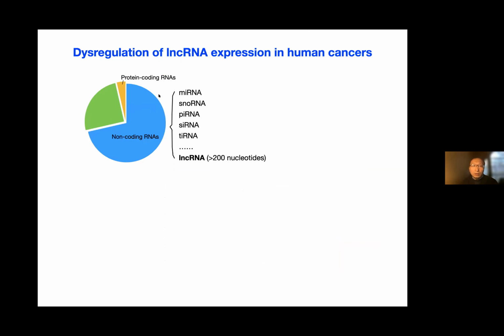We also know that about three quarters of the genome is transcribed to RNA, and the majority of the transcribed RNA belongs to the non-coding RNAs, which are a class of transcribed RNA with more than 200 nucleotides. We are very interested in these non-coding RNAs because their function is really unknown in human cancers.